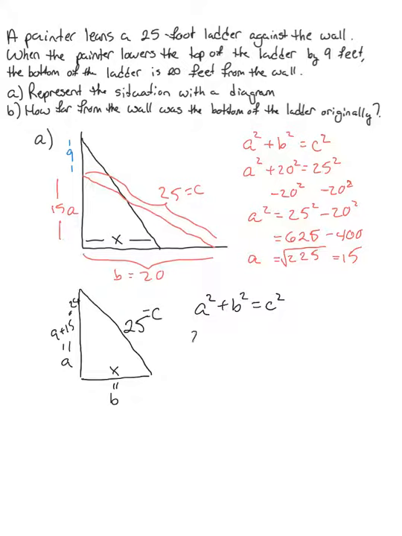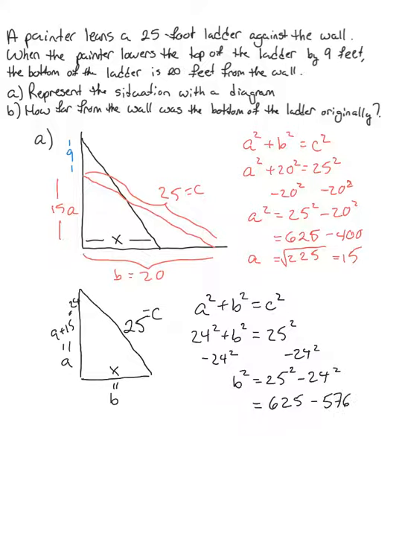So we're going to have 24 squared plus b squared is equal to our c squared, which is 25 squared. So subtracting 24 squared from both sides, we're left with b squared equals 25 squared minus 24 squared. 25 squared is 625. 24 squared is 576 after you do the math.